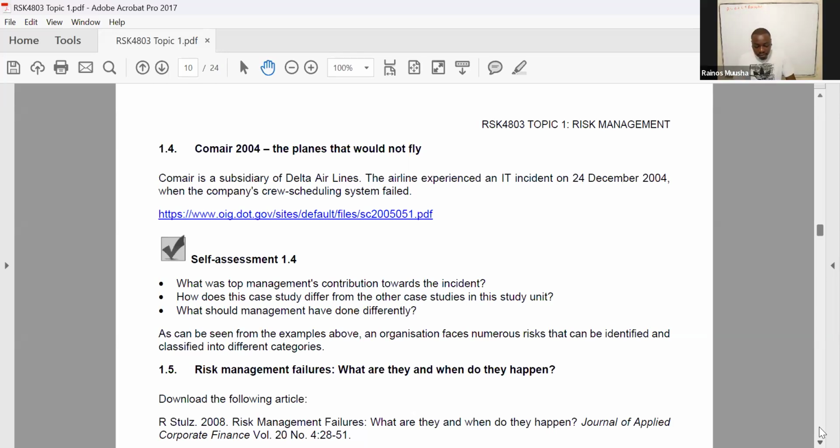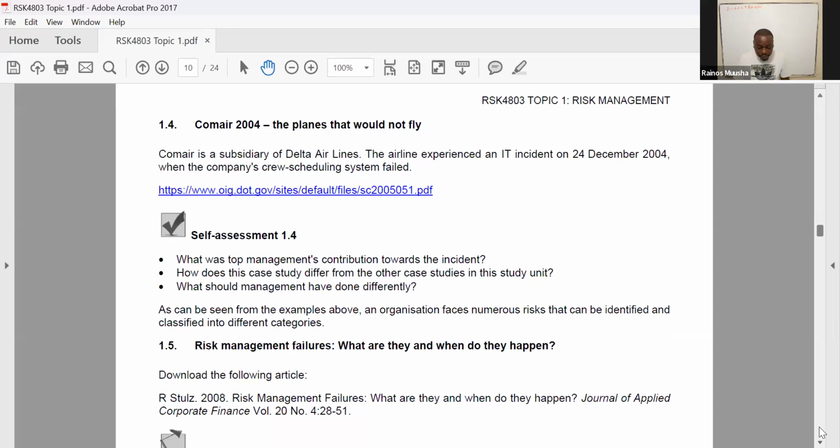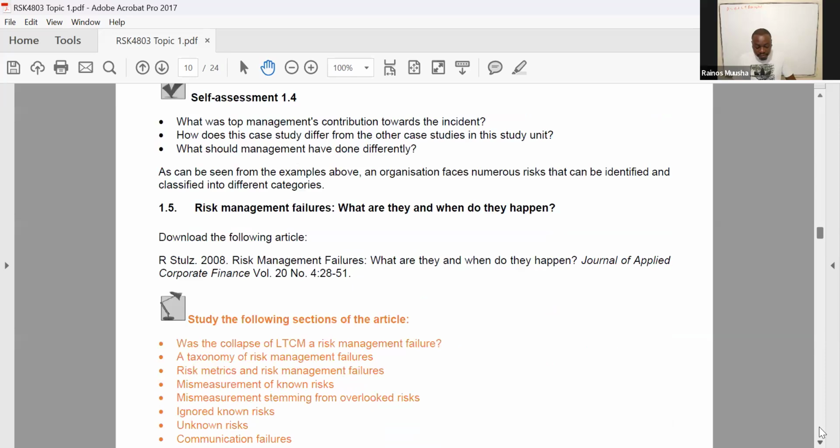The most important article from these is the article from Unit 1.5, because Unit 1.5 looks at what risk management failures are, what they are, and when they happen. In trying to demonstrate risk management failures, they give us the case study of LTCM.